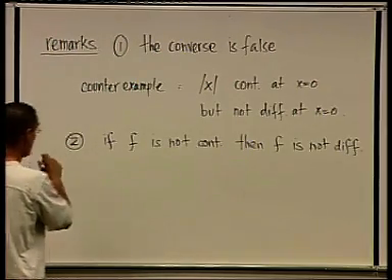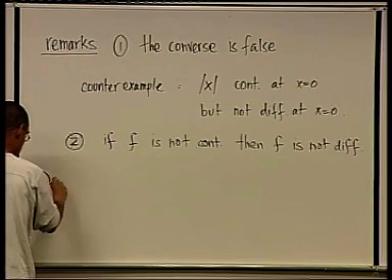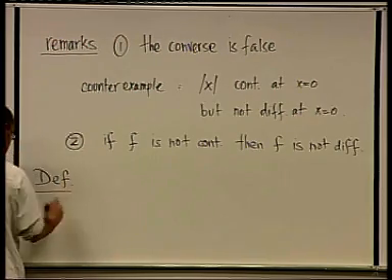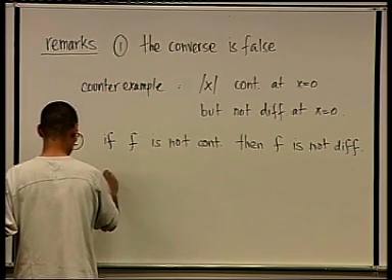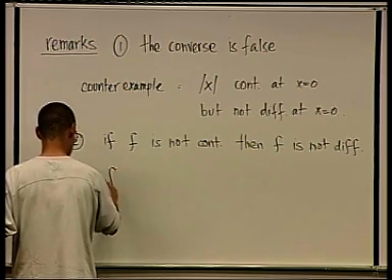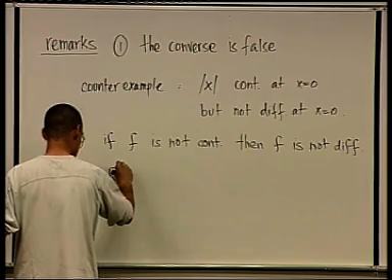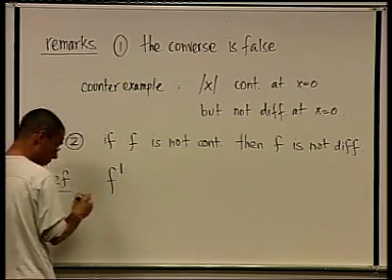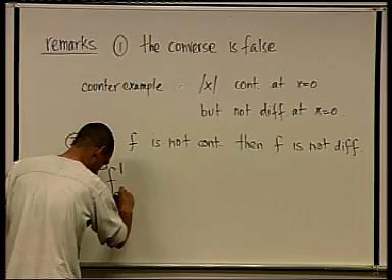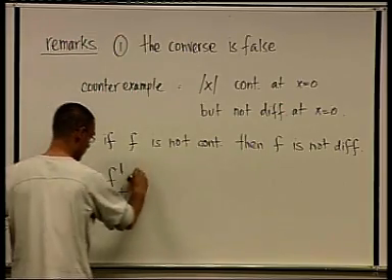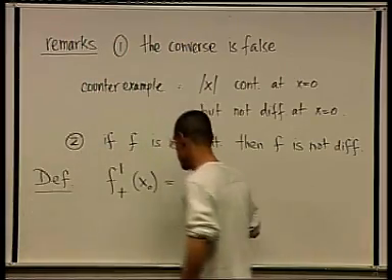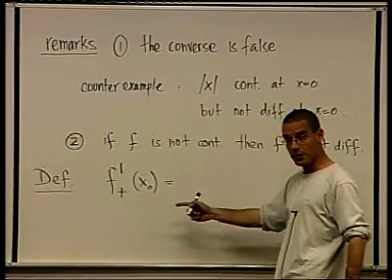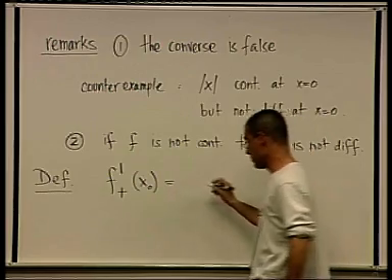Okay. And I want to quickly define one-sided derivatives. I'll just write the formulas and not tons of words. So f prime plus at x0, this is the notation, is defined to be the limit defining the derivative, but when you approach only from the right.